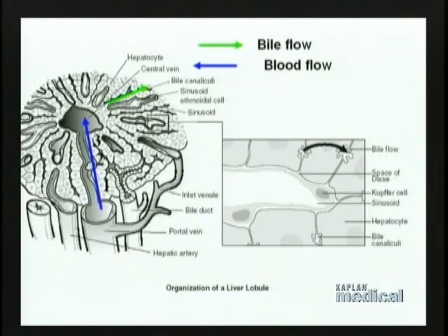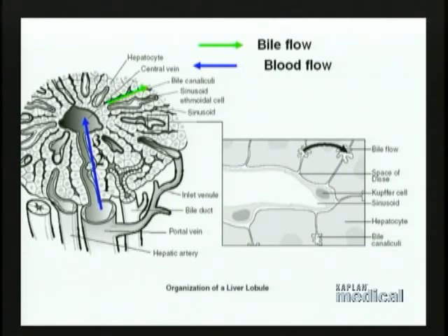In contrast, bile that's being produced by liver hepatocytes and is basically being collected in bile canaliculi between adjacent hepatocytes is being collected and delivered toward the perimeter of each point of the hexagon. So the point is, bile is flowing in a direction that is opposite to that of blood flow.